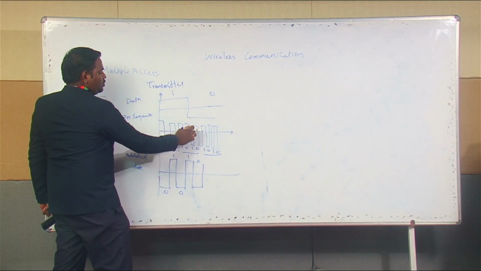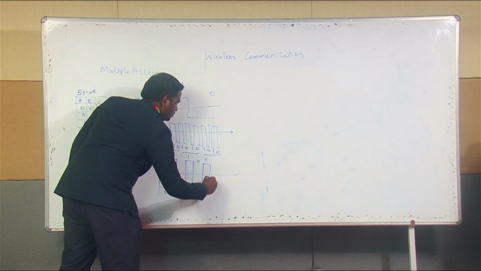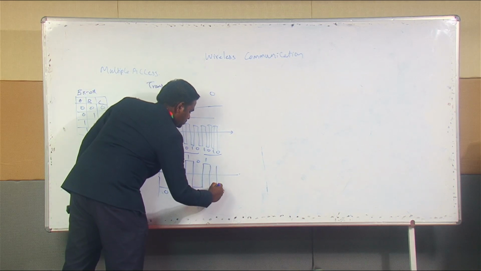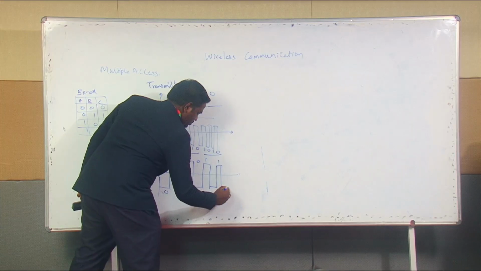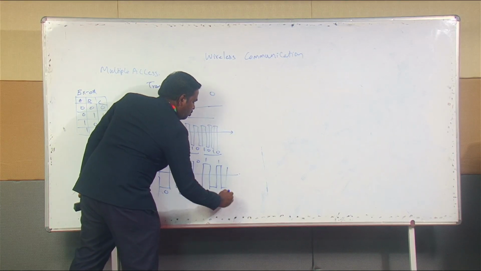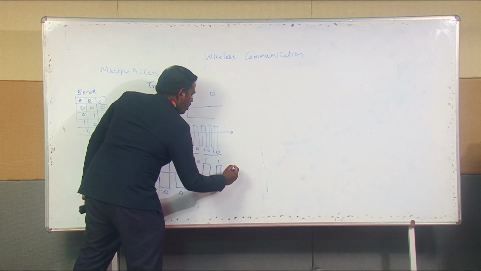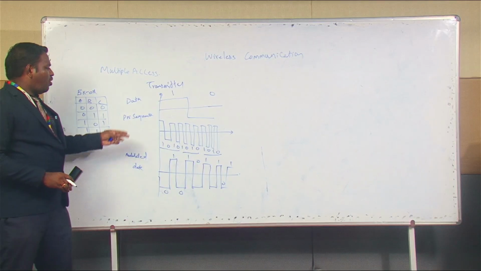Again 0 0 0. 1 1. 0 1 1. Again 0 1. 0 1 0 1. So, this is the modulated data.